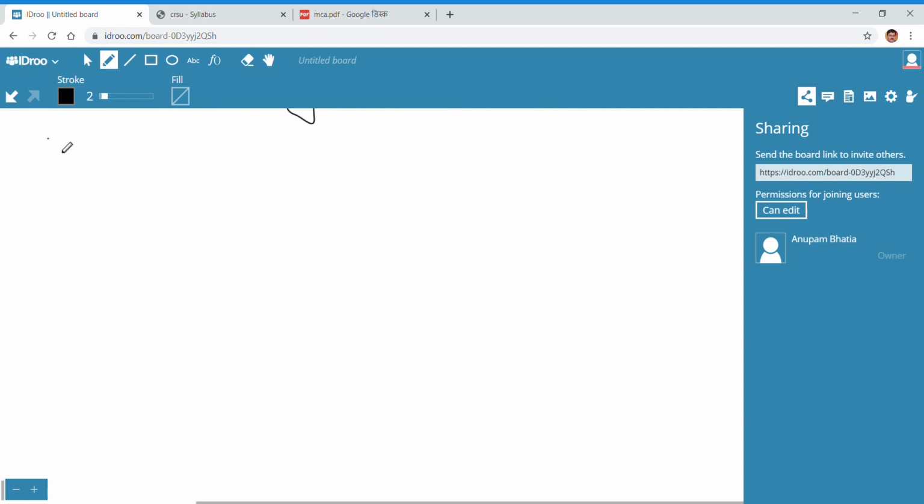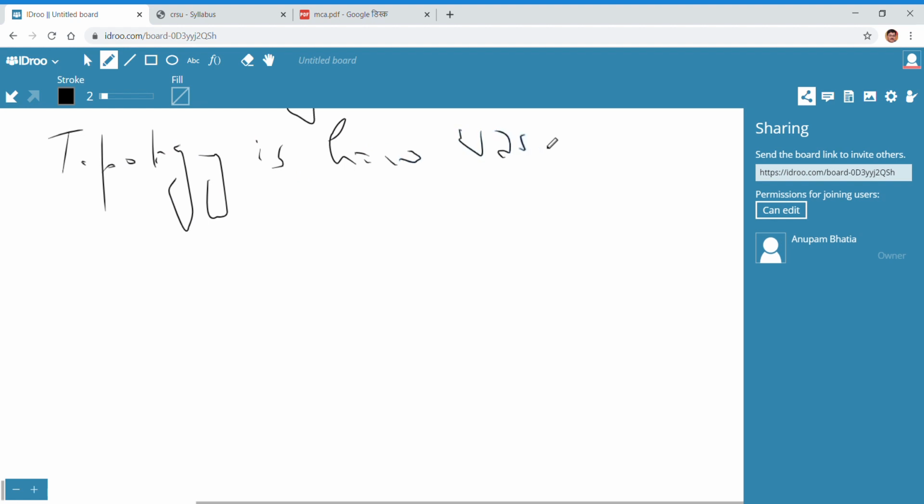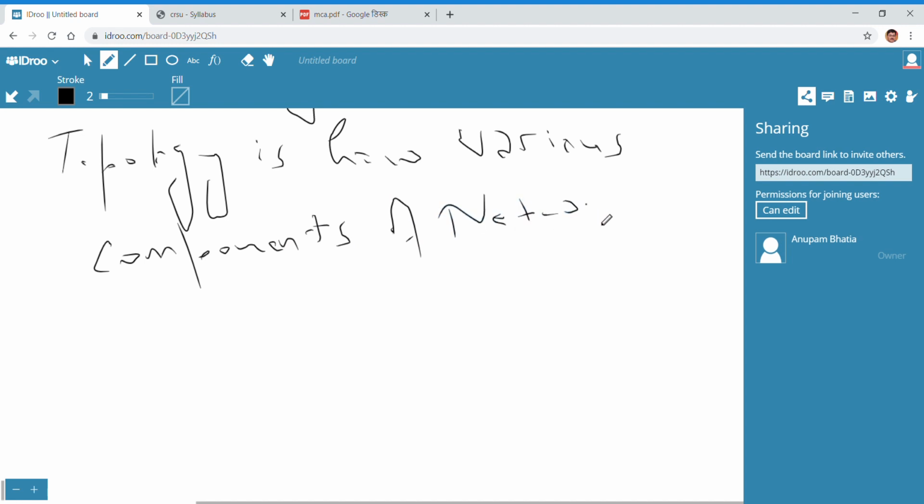See, topology is how the various components of the network are connected to each other.